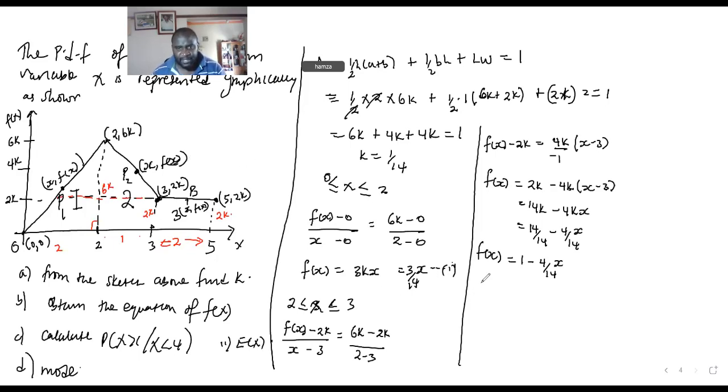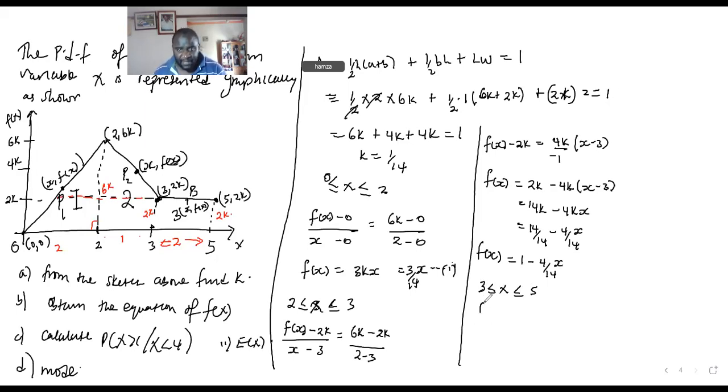Then the last one is the region between 3 less or equal to x less or equal to 5. Now for this last one, it's a straight line. But some of us may not be able to see that it's a straight line, so it's a constant. So we need to prove that it's a constant.